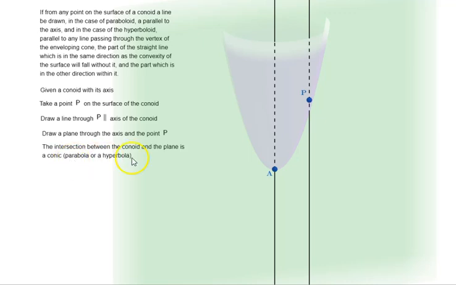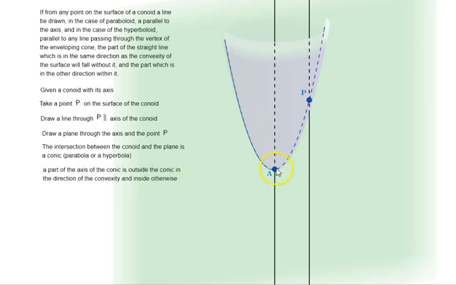The intersection between the conoid and the plane is a conic. If it was a hyperboloid, it would be a hyperbola, but in the case of a paraboloid, it would be a parabola.